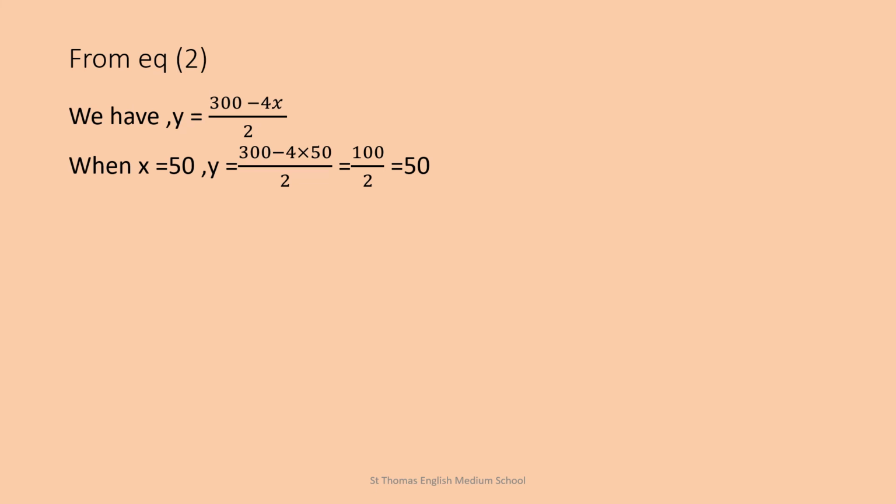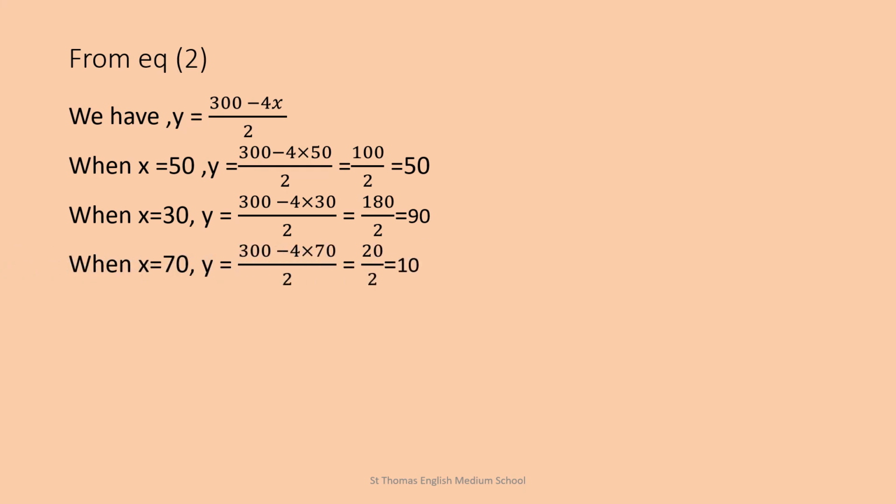When x equal to 50, y equal to (300 minus 4 multiplied by 50) upon 2, that is 100 upon 2 equal to 50. When x equal to 30, y equal to (300 minus 4 multiplied by 30) upon 2, that is 180 upon 2, you will get the answer as 90.